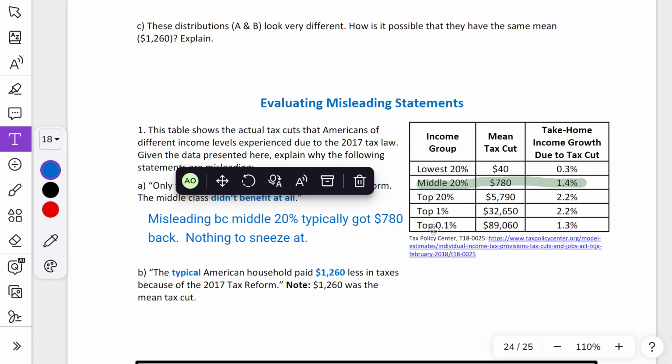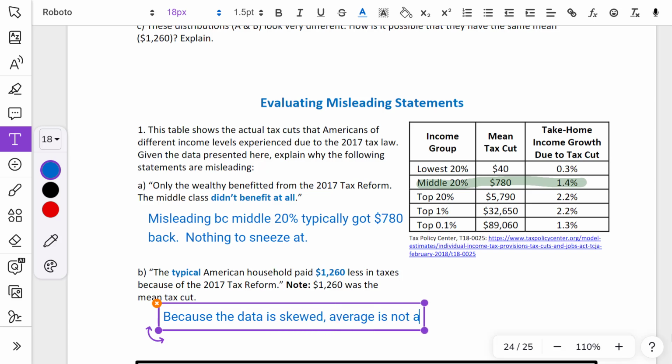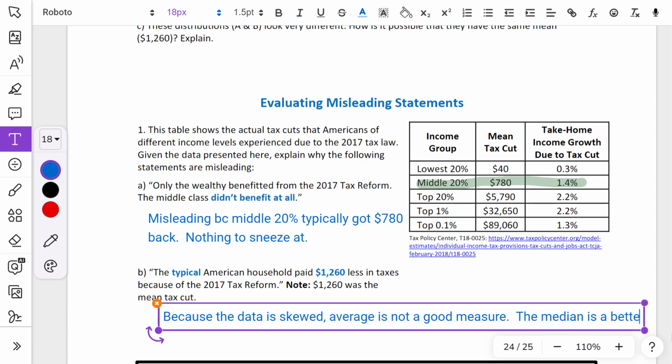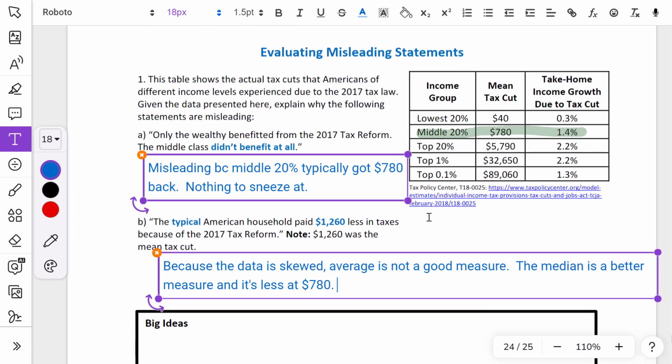Because the data is skewed, the average is not a good measure. The more typical tax cut, the median, is a better measure. And it's less, I wanted to say only, but I don't really want to knock a $780 tax cut.